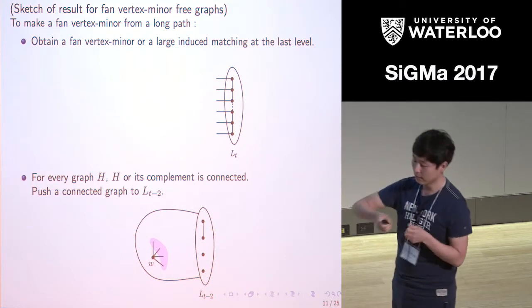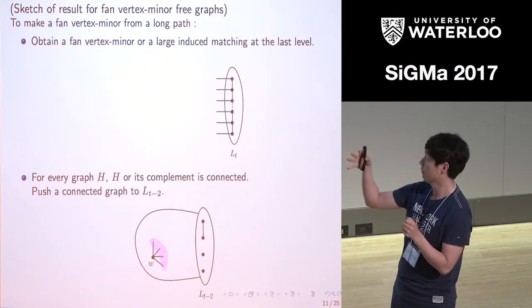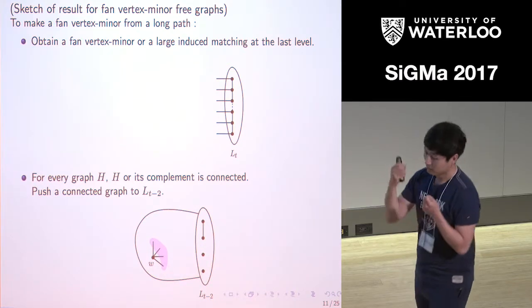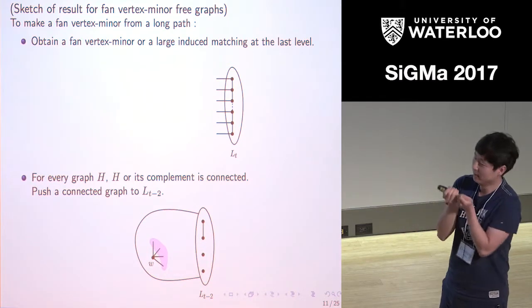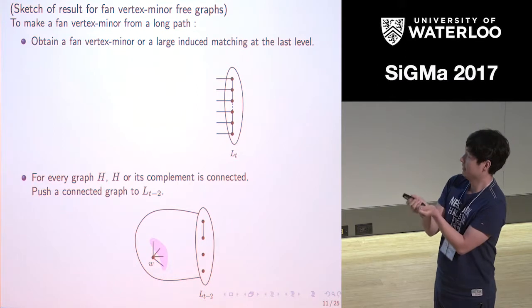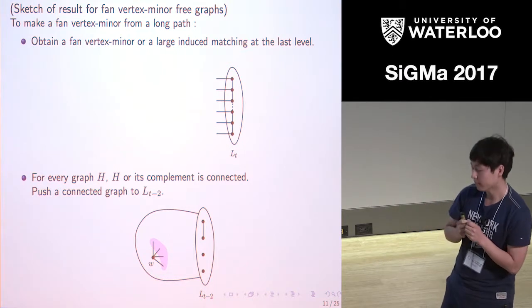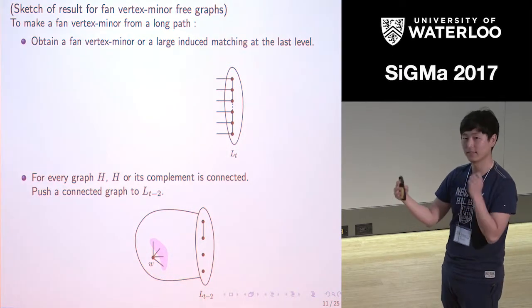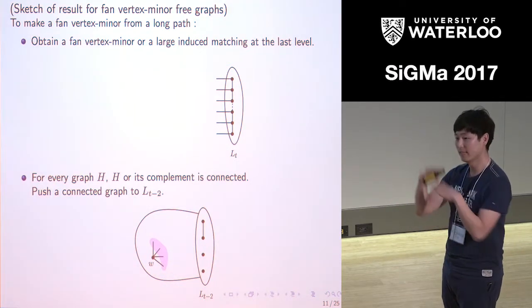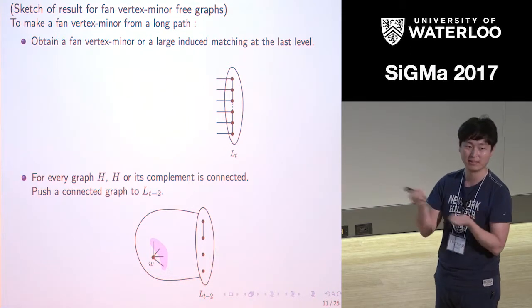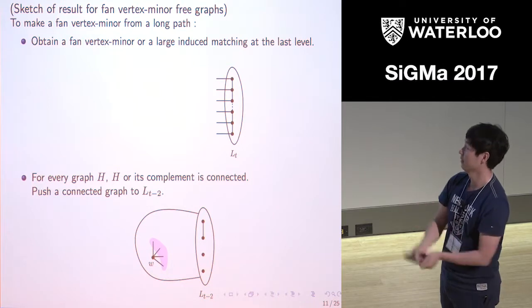So what I do is that I want to push a connected graph to L_{t-2} by doing this operation. With local complementation, you look at any vertex outside of L_{t-2} and look at the neighbors. If the neighbors are not connected, then I just remove this vertex, and this graph is still connected, because this vertex doesn't help in connecting, so connectivity is preserved.